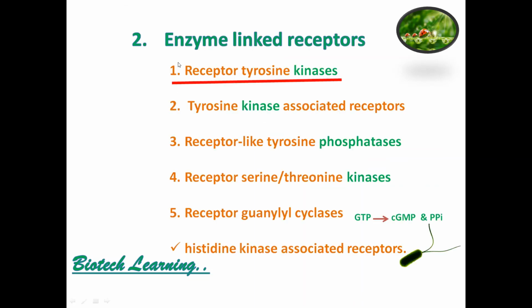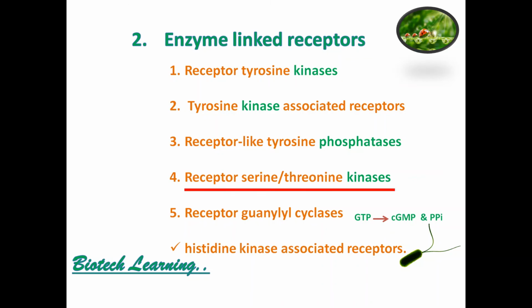So receptor tyrosine kinases are enzyme-linked receptors that have an integral enzyme, and that enzyme is a kinase that adds phosphate specifically to the tyrosine moiety of the target protein. So basically these are enzyme-linked receptors that have an intrinsic tyrosine kinase enzyme. I hope that made it a little more clear.